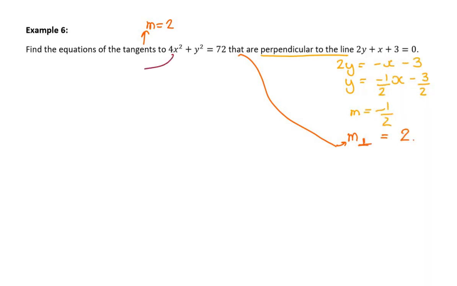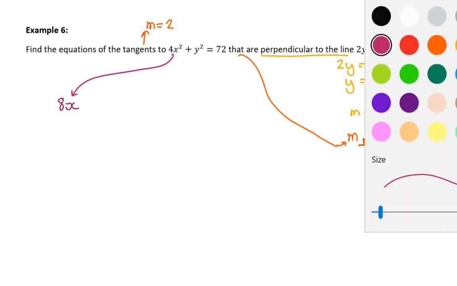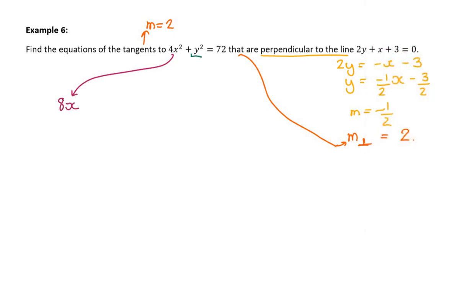Well, let's go and differentiate. This is 8x as a derivative. This second term is a chain rule, so it's 2y times dy/dx, and the derivative of 72 is 0.